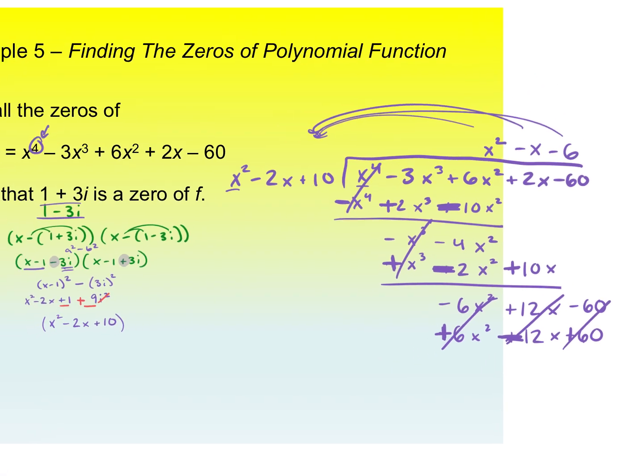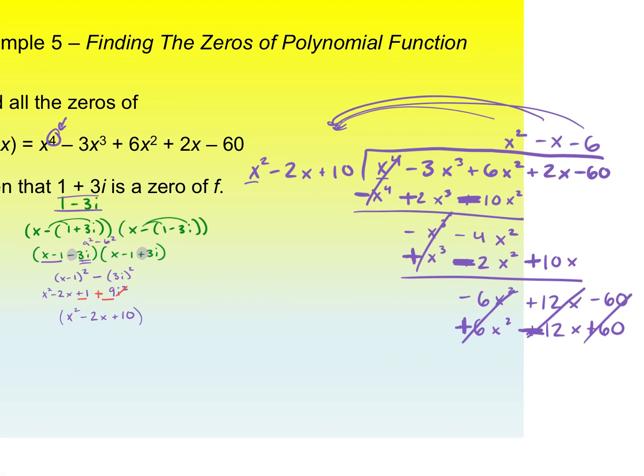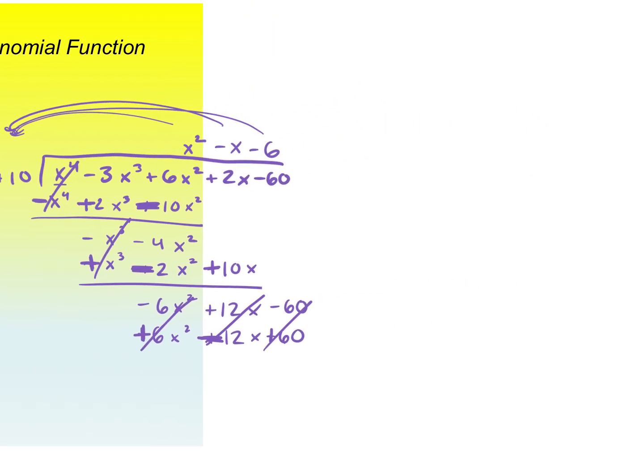So when you find your factor and you divide, it will always divide in evenly because we knew that it was going to be a factor. So now our remaining factor is x squared minus x minus 6. How do we find our zeros from here?